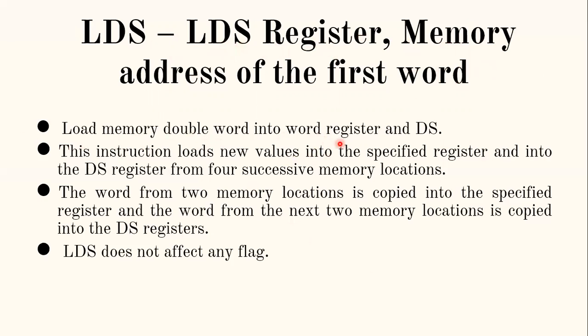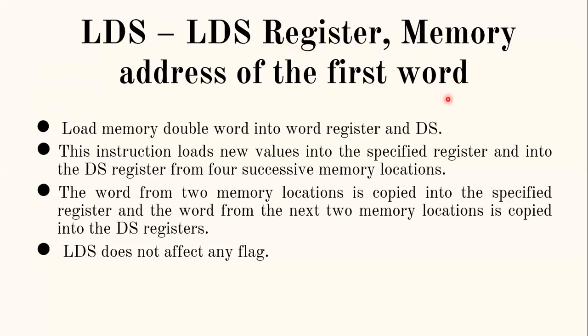The memory double word is loaded into the register specified as well as into the DS register. Basically, whatever memory location is specified in this instruction, the content of that memory location is copied into the 16-bit register shown.